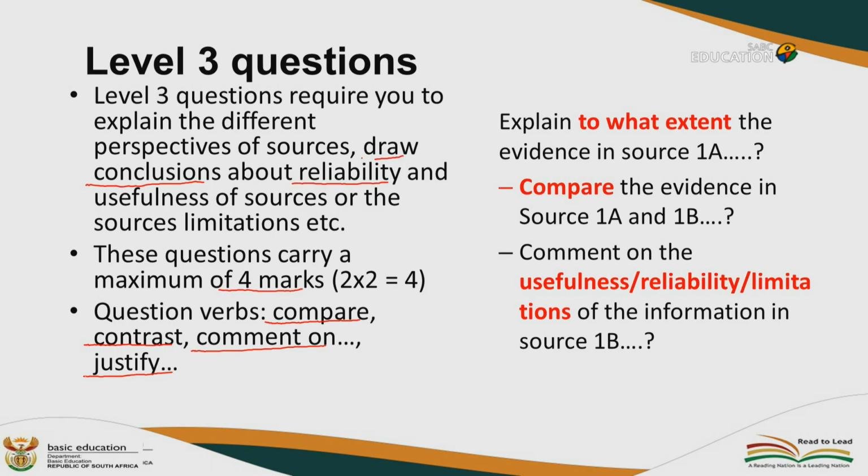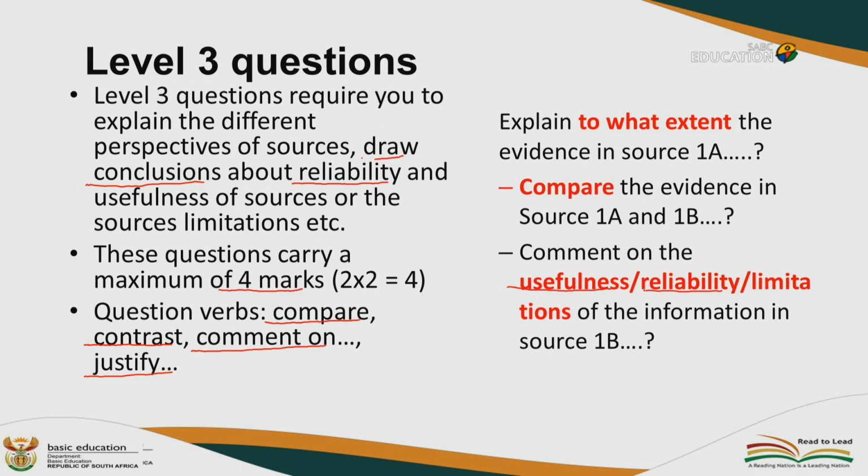You will find questions such as, explain to what extent the evidence in source 1A. Or you may find a question that says, compare evidence in source 1A and in source 1B. You may find a question that says, comment on the usefulness of a source, reliability in a source, limitations of information.